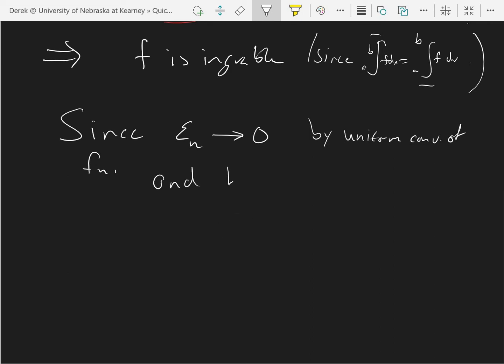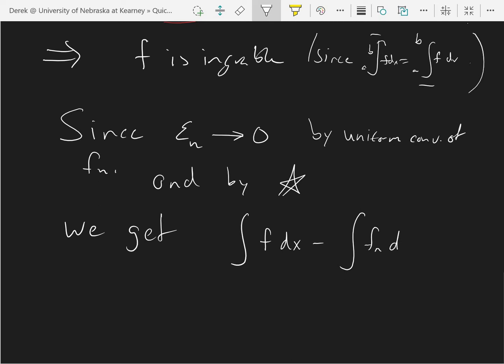And by star, we get that the absolute value of the integral of f dx minus the integral of f sub n dx is less than epsilon sub n times b minus a, which goes to 0.